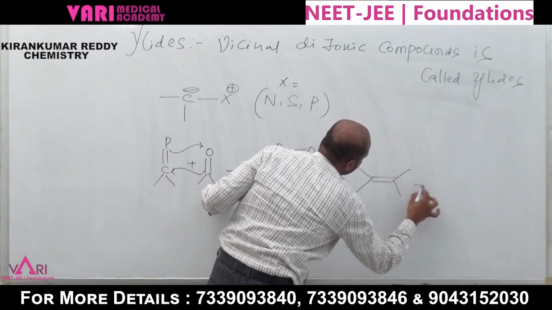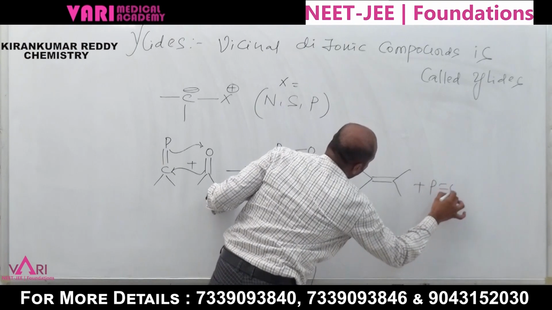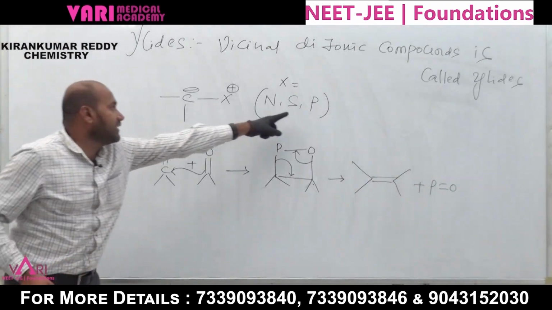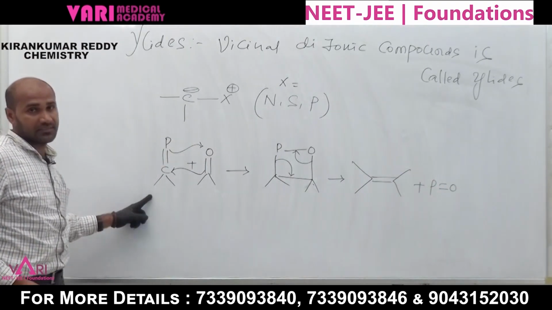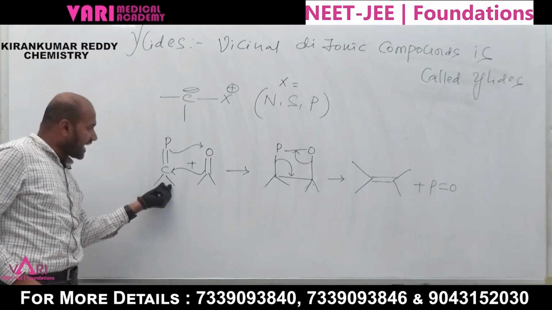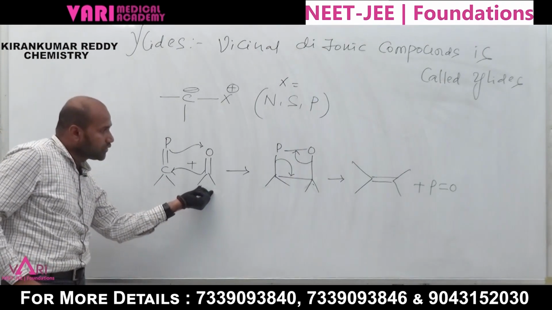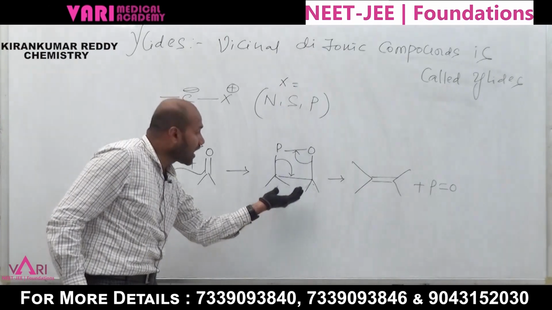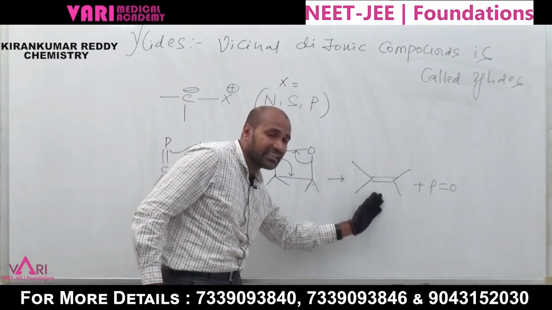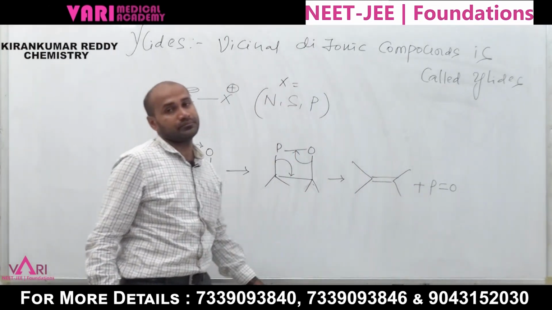Alkene is the product, along with Ph3P=O. In the X place I am writing phosphorus. This ylide reacts with the ketone to form a cyclic adduct, and after the cyclic adduct, alkene and Ph3PO are formed.